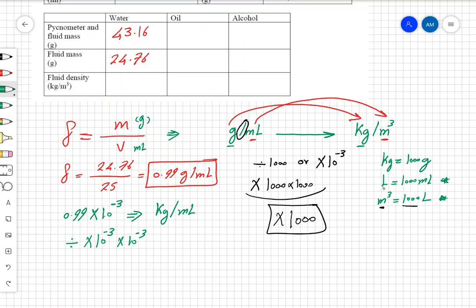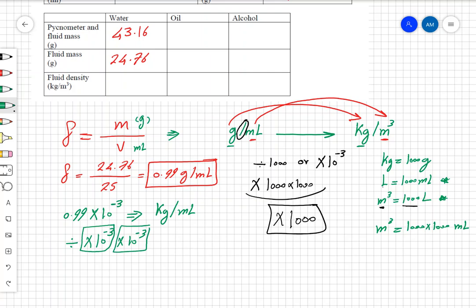Because liter equals 1000 milliliter and meter cubed equals 1000 liters, so meter cubed equals 1000 multiplied by 1000 milliliter. So because we have two 1000s here, and I want to divide by these, I use the multiplication approach, this one here and this one here.